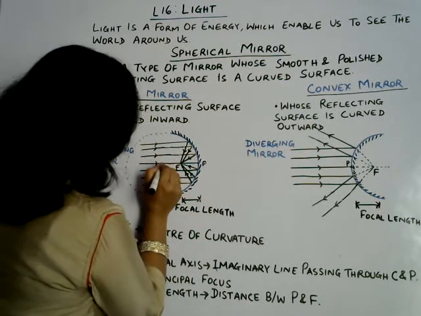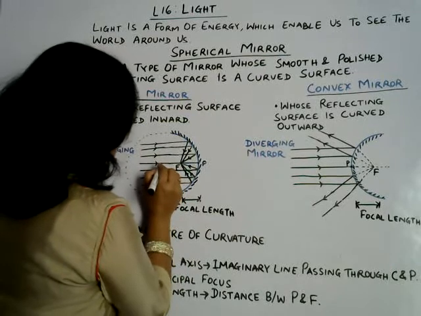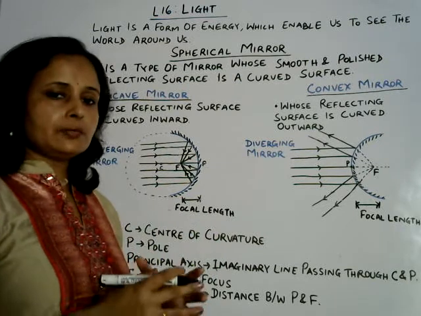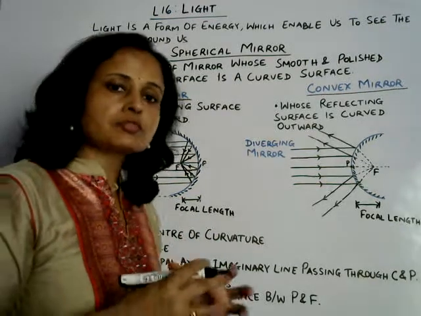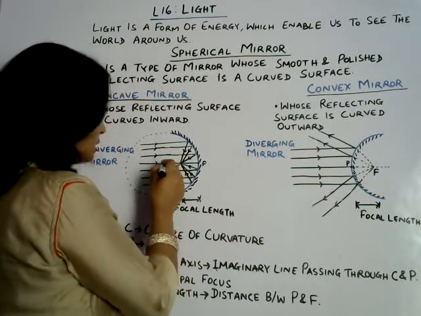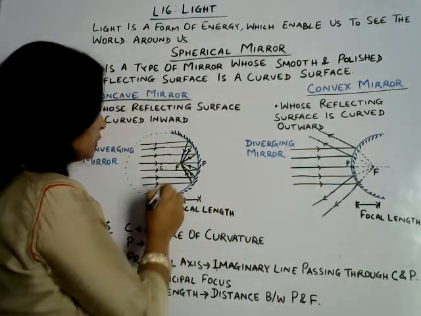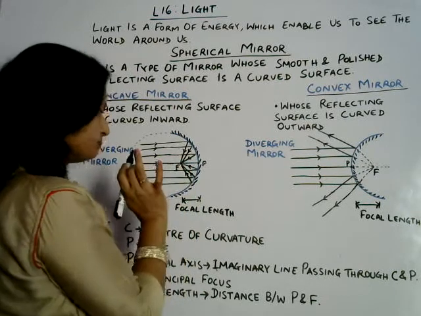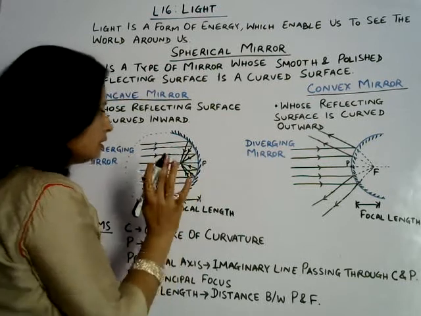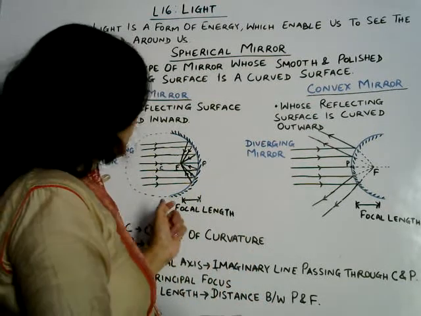The center point of this is called center of curvature, which is the imaginary center of the sphere. The line that joins the pole and center of curvature is called principal axis, and focus is the converging point where reflected rays meet in a concave mirror.